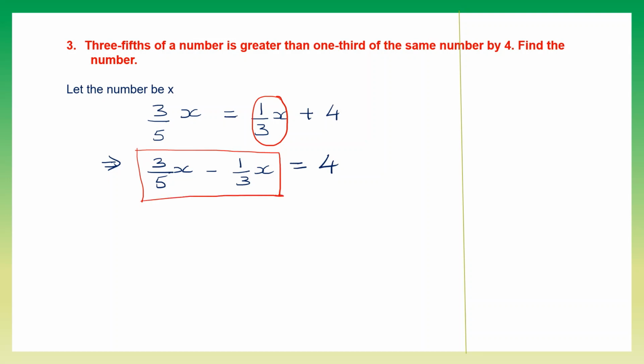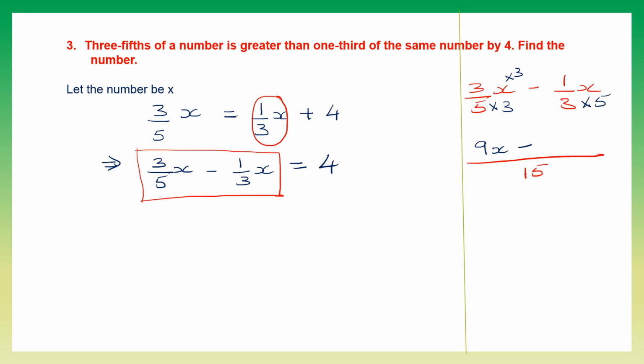Let's work this out. So I'm going to work it out in the working column. 3 by 5x minus 1 by 3x. So now the LCM will be 5 into 3. 5 3s are 15. So I need to multiply 3x. So this will be 3x into 3. 3 3s are 9. 9x minus 3 5s are 15.